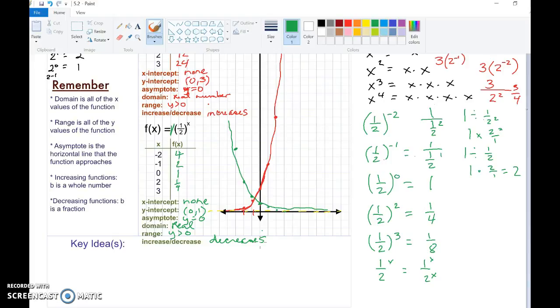But tell me, can you come up with a rule or some way that you can know whether an equation of an exponential function is increasing or decreasing? Think about it. Look at our two different examples.